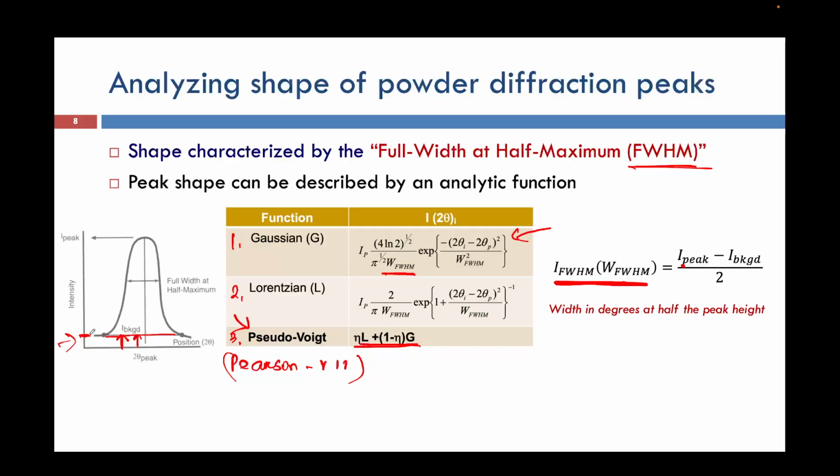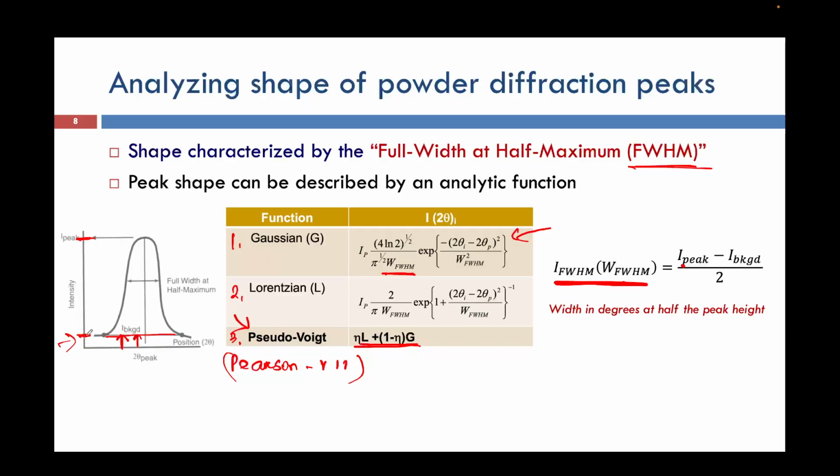So this is your I background. I peak means this will be your I peak. So FWHM will always be half the difference between I peak, that means here, and I background.